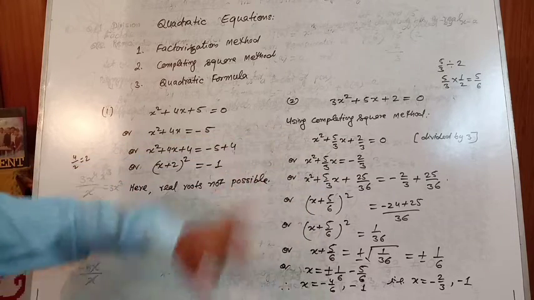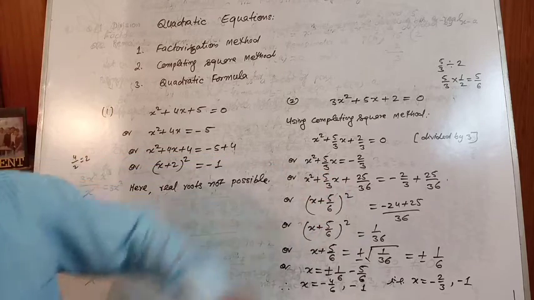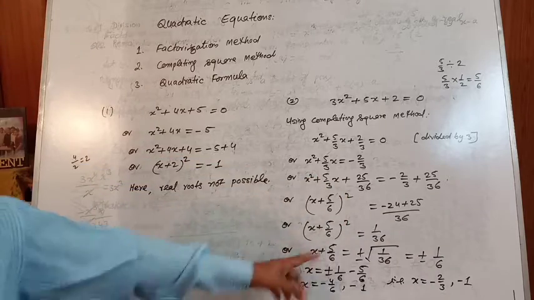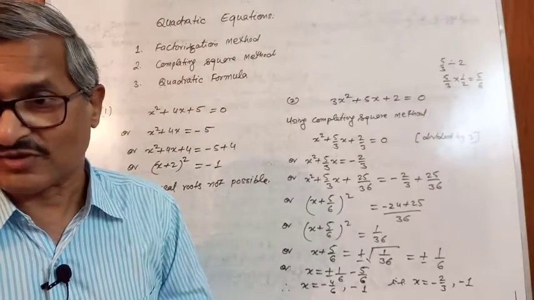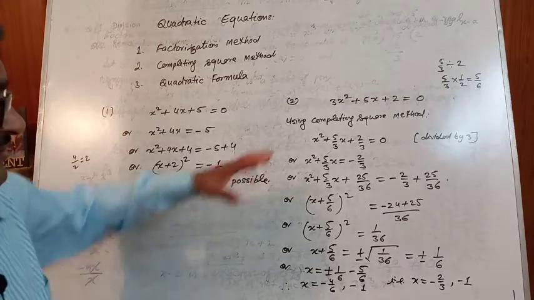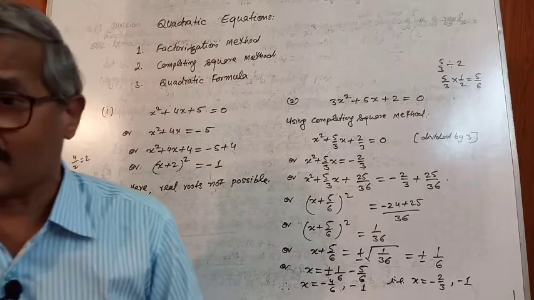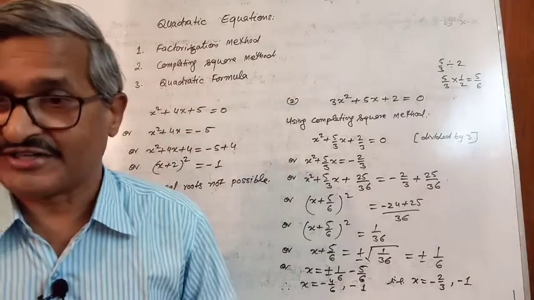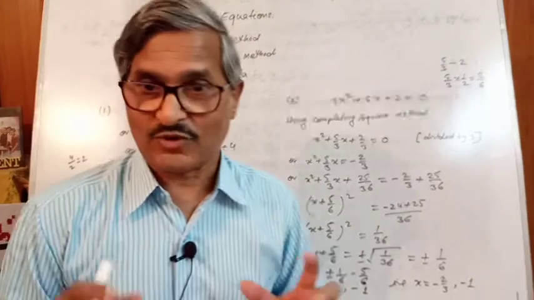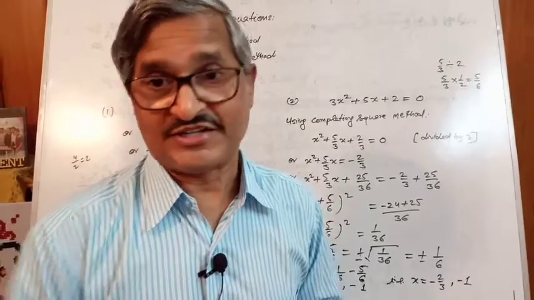We have not factorized this quadratic polynomial, we have made a complete square of the polynomial. Squaring this, completing the square, that's why it is called the completing square method. Now the main purpose of this example is to understand how it is applied to a general quadratic equation.